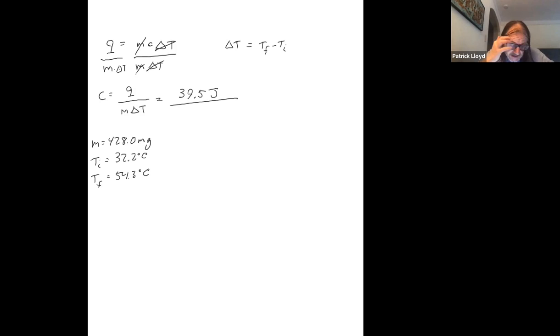So typically, the specific heat capacity is per gram, sometimes per kilogram, sometimes per mole, but very rarely is it per milligram. So what I'm going to do is convert this milligrams into grams. So milli is 10 to the minus 3.